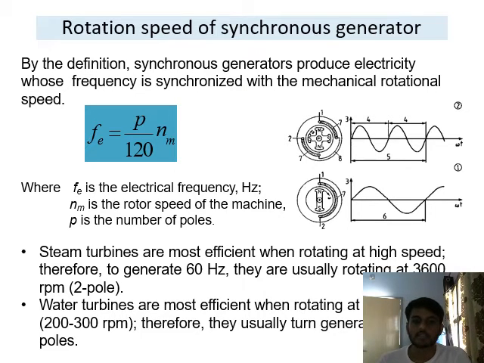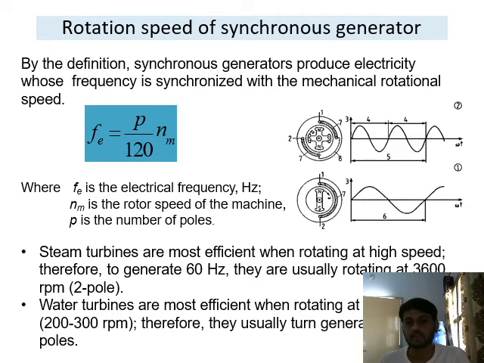Steam turbines are most efficient when rotating at high speed. Therefore, to generate 60 hertz, they usually rotate at 3600 rpm, two pole. If we increase the poles, the speed will go down. Water turbines are most efficient when rotating at a lower speed, 200 to 300 rpm.